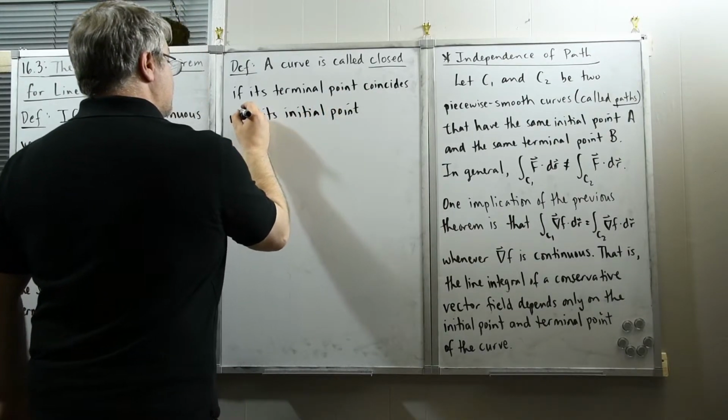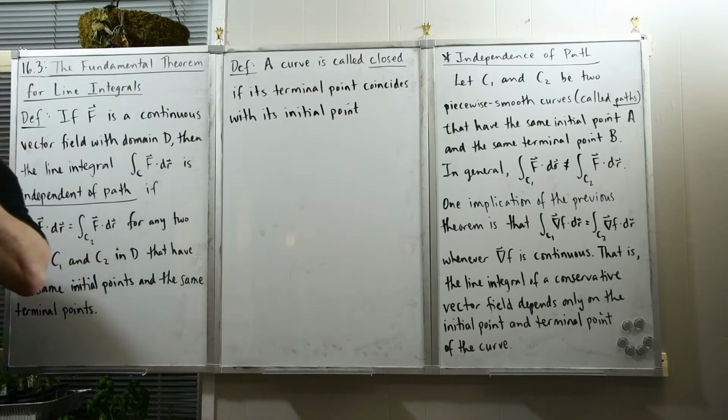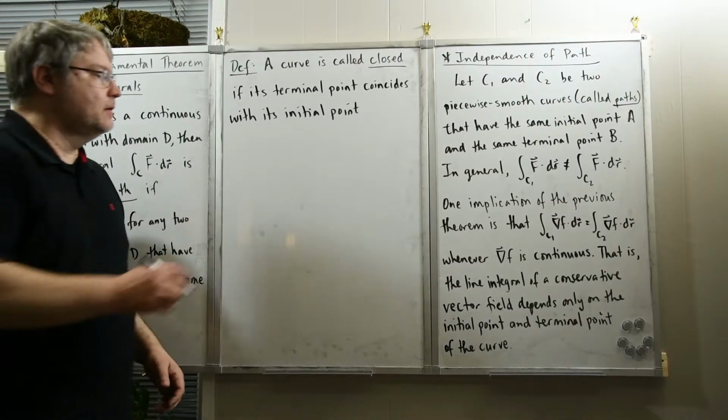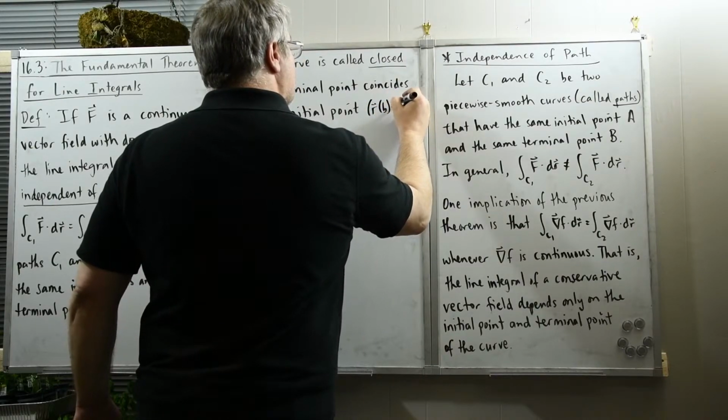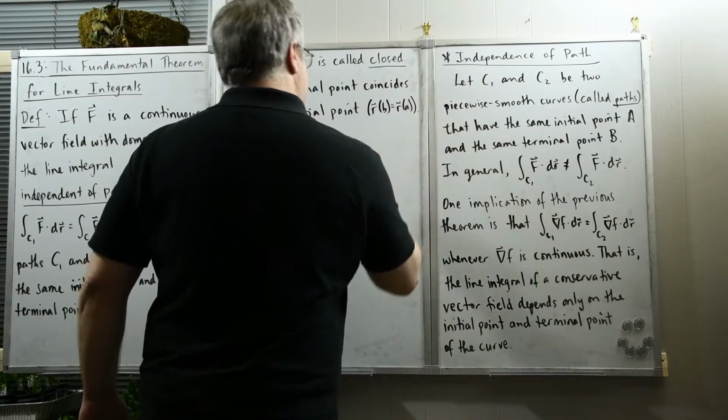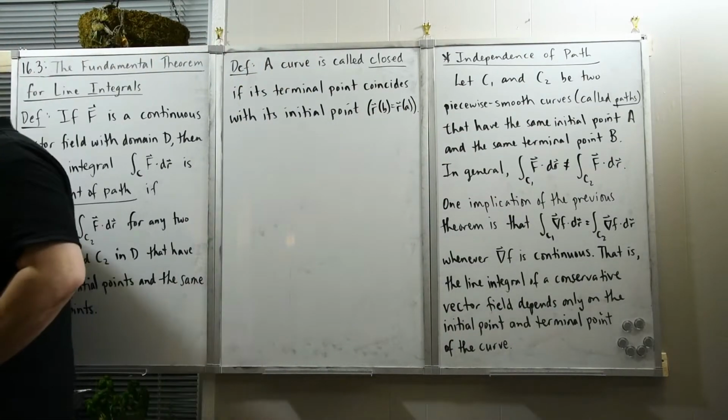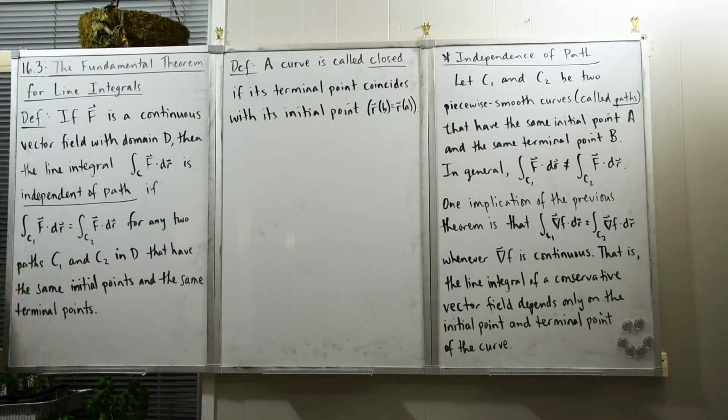Now, the terminal point coincides with the initial point, and what that means is that if you have R of t representing the curve C, then R of B is equal to R of A. And so, once we have these definitions, we're ready to jump into the next theorem.